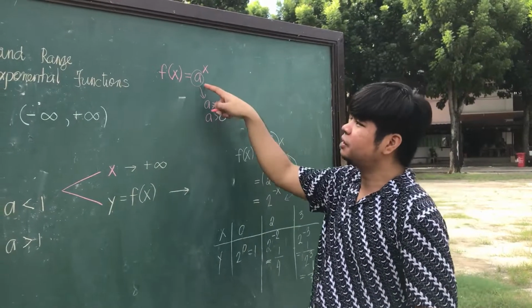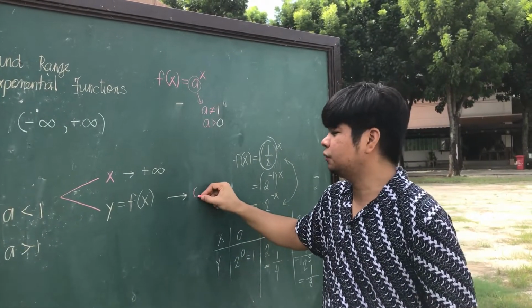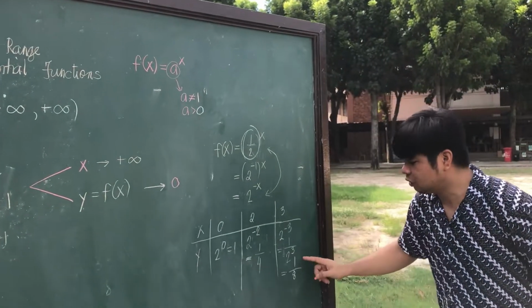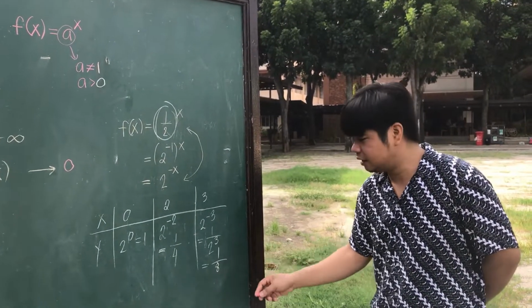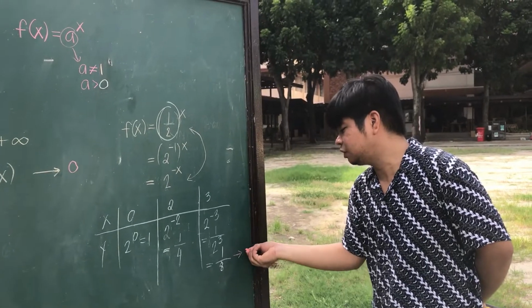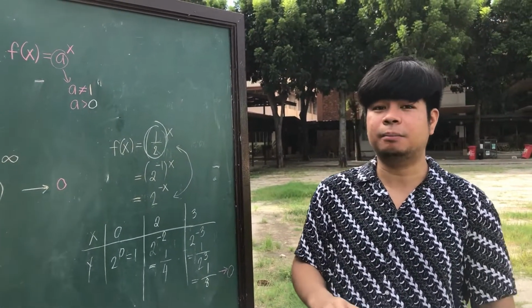So in this representation, y that is equal to f of x will just keep on approaching 0 as x approaches positive infinity. It is also observed here, from 1/8 it will also decrease and decrease, but will not be 0. It just keeps on approaching 0, but will never be 0 and will never be a negative number, okay?